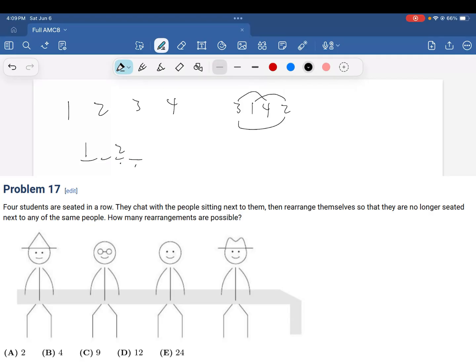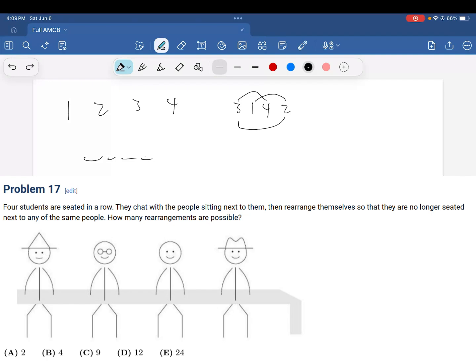If it's here, then 3 can't go in either of these because it's consecutive. If we try this, 3 must be here, but 4 must be next to 3, so that also doesn't work. And if you mirror this on the other side, then it's just the same thing. 1 still can't be on the edge, so we don't have to worry about that at all.